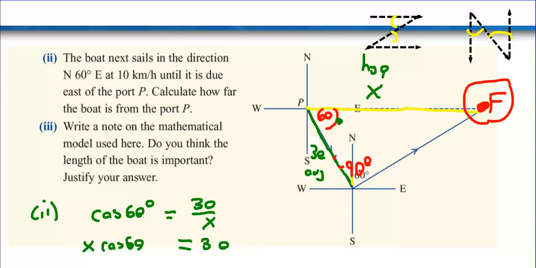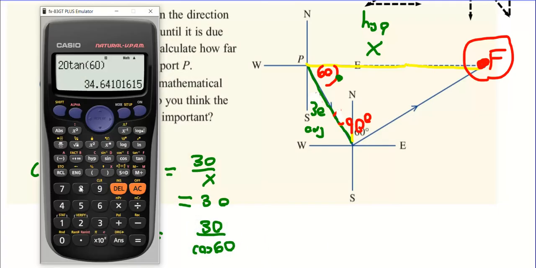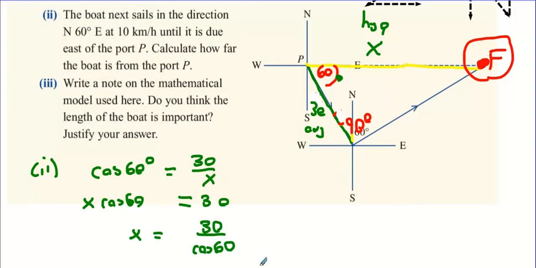Then we're going to do 30 divided by cos 60, and 30 divided by cos 60 is 60 kilometers. So now we know that the hypotenuse is 60, which is brilliant.